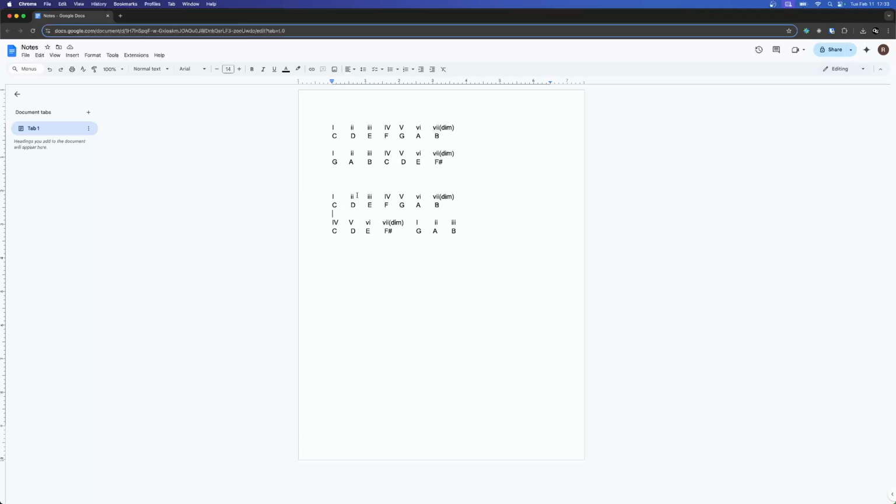If it's a lowercase Roman numeral, that means it's minor. And then normally with diminished, you'd have a little circle next to a minor Roman numeral, but the symbol is weird to put. It looks like a small circle up in the corner here. So I just write diminished like this when I actually type it out.